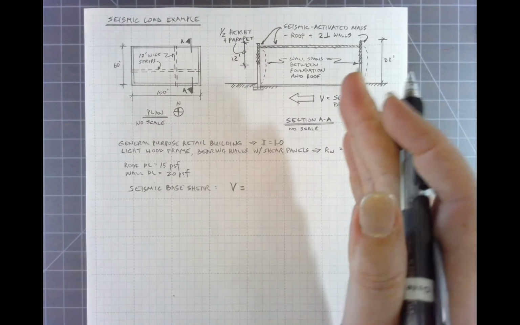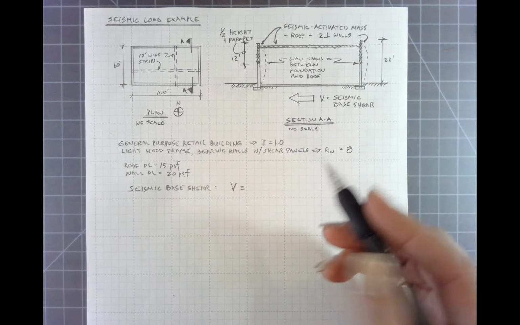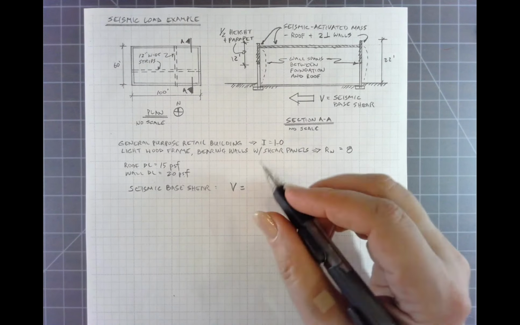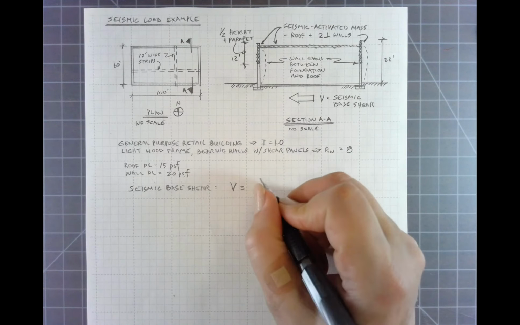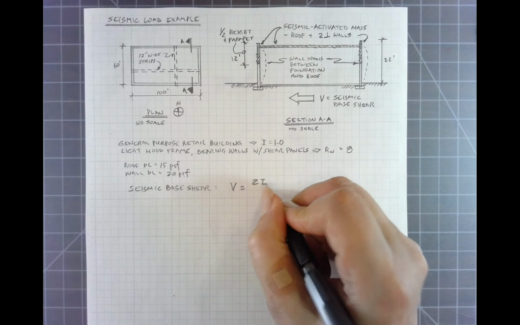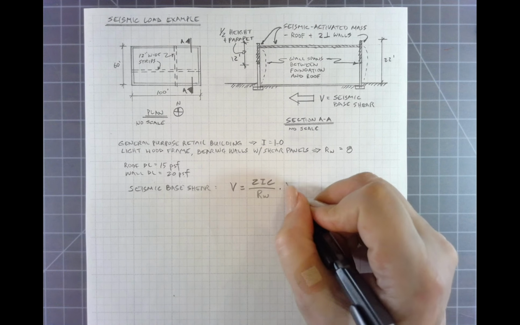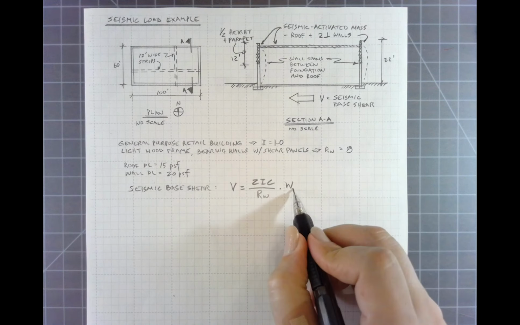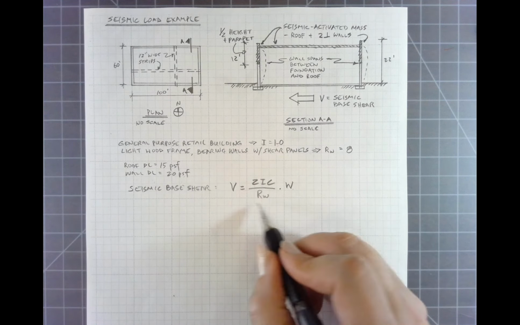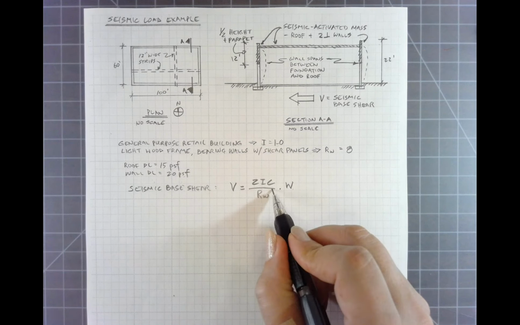So that inertial load is translated into a force that we look at statically in the building. So V is Z times I times C over RW times W. So a certain percentage of our dead load is being factored by this calculation here.